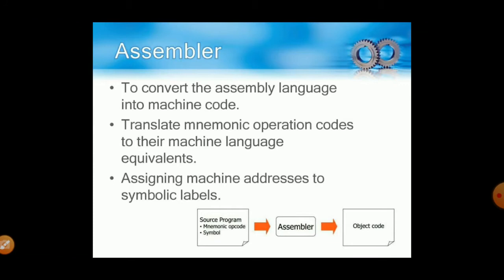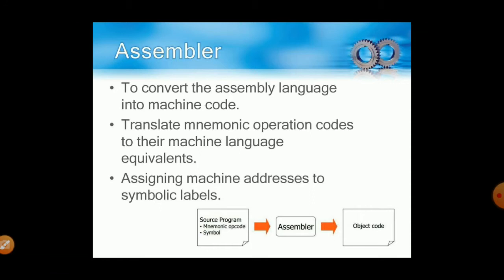The program which we write is written in mnemonic codes. There is a certain set of codes which are used in assembly language, and these codes are later converted into machine language. If you see this figure, it says that the source program, which you have written as a programmer, has mnemonic opcodes and symbols.